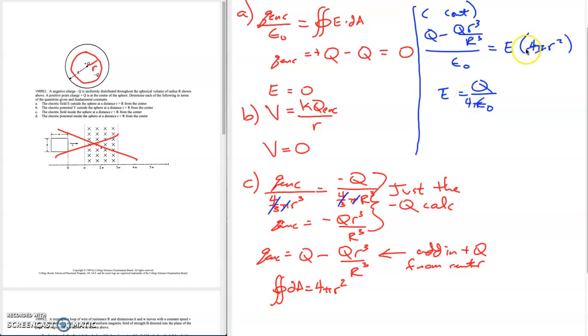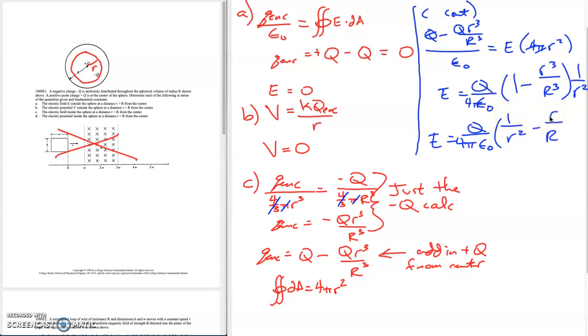Okay, so I've taken care of that, and that, and that, and that. And then I'm going to have 1 minus r cubed over R cubed and then a 1 over r squared. That still looks awkward. We can clean it up a little bit. Q over 4 pi epsilon naught, and then we'll have 1 over r squared minus r over R cubed.